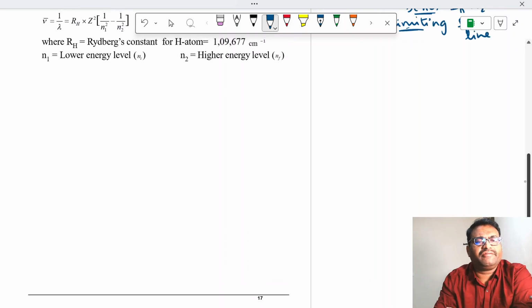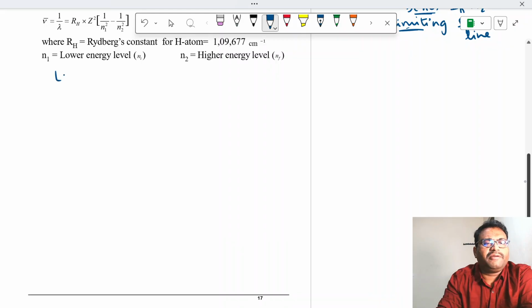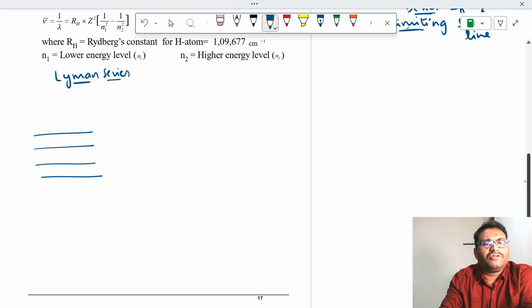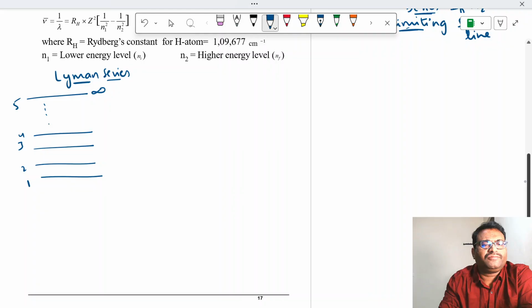Then let us see, for example, coming to the Lyman series, or whatever the series. First, let us go with the Lyman series. 1, 2, 3, 4, so on, infinity. You will be asked in the Lyman series, the spectral line with least energy.